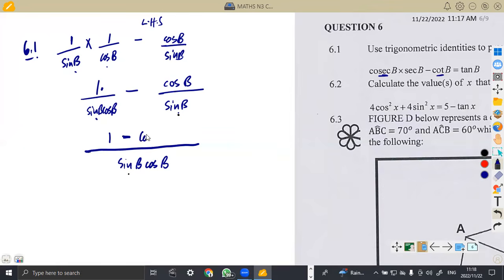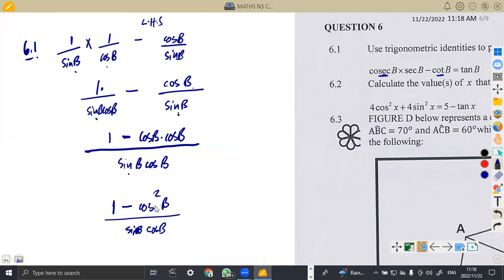So it is going to be cos B times cos B. Already there is cos B there. So let's simplify. That's 1 minus cos B times cos B, just like x times x is x squared. So this one is going to be 1 minus cos squared B over sine B cos B.